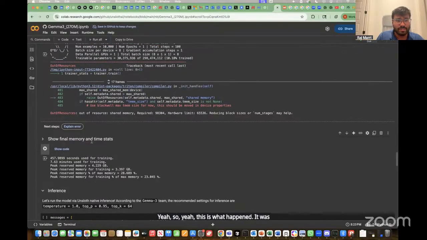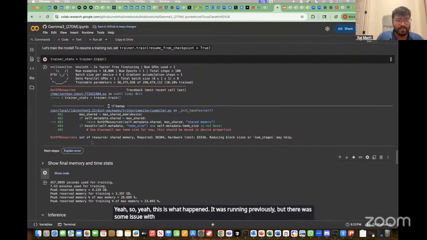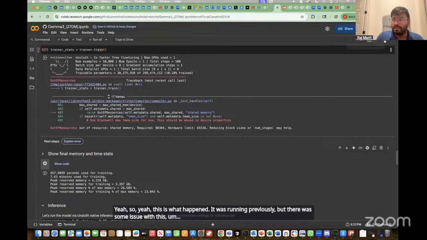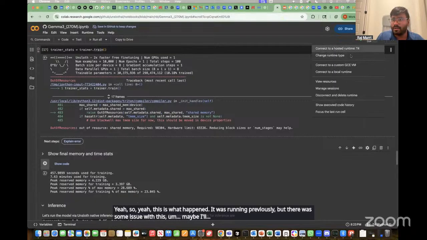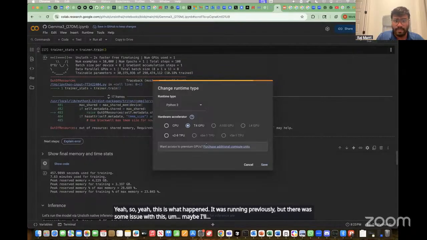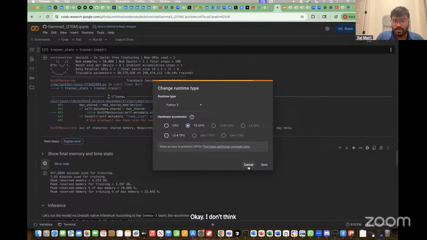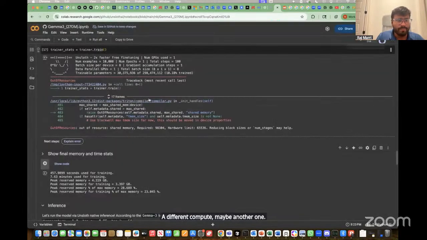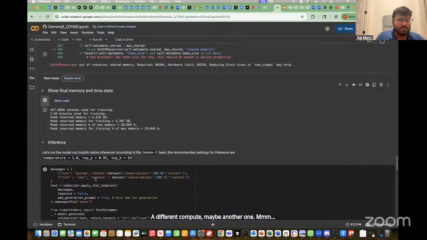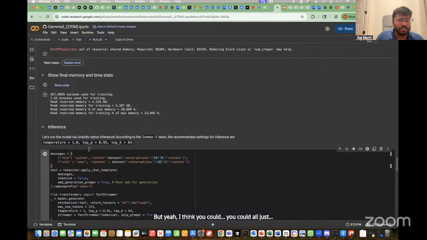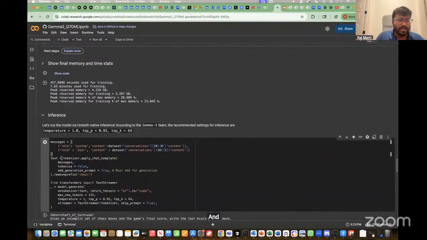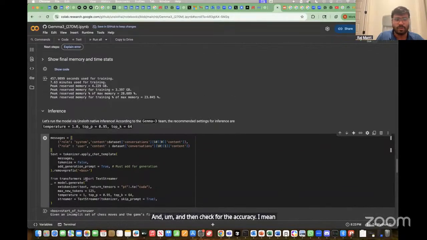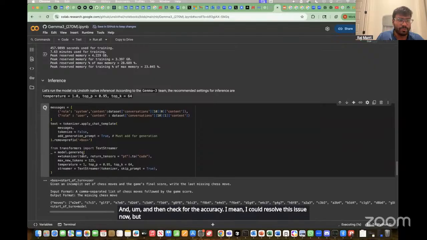It was running previously, but there was some issue with this. I don't think this will be that great, but I think I should have a different compute, maybe another one. But you could all just execute this and then check for the accuracy. I could resolve this issue now, but maybe I need to use a different output.